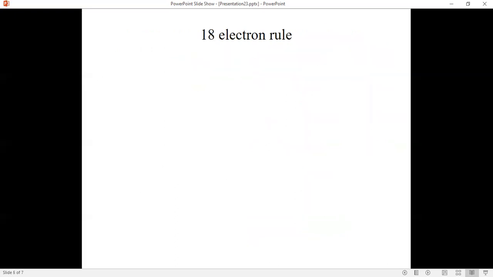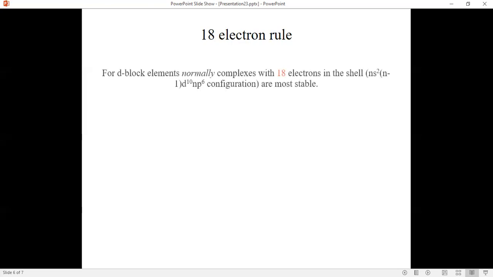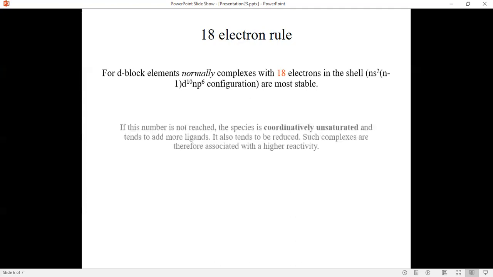All right. So now, like I said before, electron counting is important because the number of electrons allows you predictions with regards to the stability of a complex. And there's one important rule in this context, which is the 18 electron rule, which says that coordination compounds tend to be the most stable when they have 18 valence electrons. Okay.